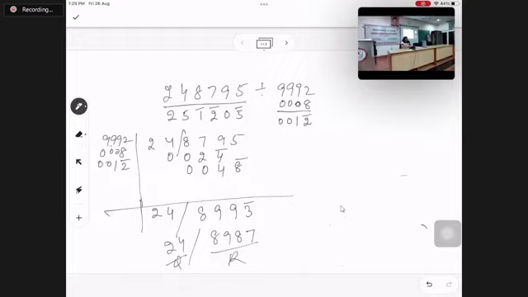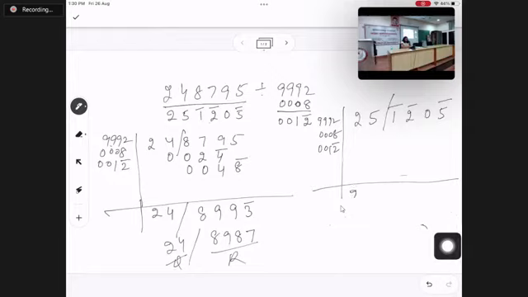Now the final method. In this we take Vinculum with the Vinculum. So it is 2, 5, 1 bar, 2 bar, 0, 5 bar. We divide this by 9992. Modified divisor is 008, 0012 bar. Put a slash. First number as it is, 2 into 0 is 0, 0, 2 ones are 2, 2 twos are 4 bar.